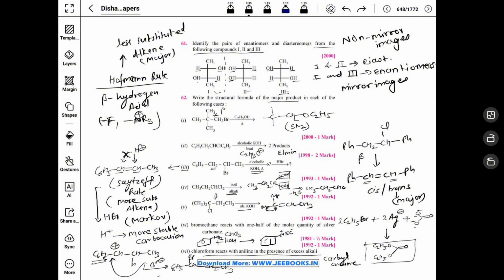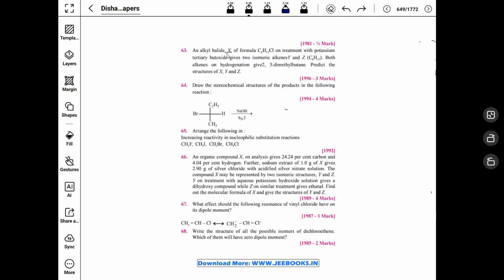Now moving to the next question, number 63, which is very interesting. An alkyl halide of formula C6H13Cl on treatment with potassium tertiary butoxide gives two isomeric alkenes. It means there is an elimination. And this alkene on hydrogenation, we know, saturates the double bond, so it will give 2,3-dimethyl butane. We only know the structure of 2,3-dimethyl butane, so let's draw it.